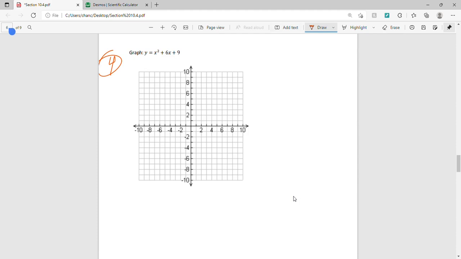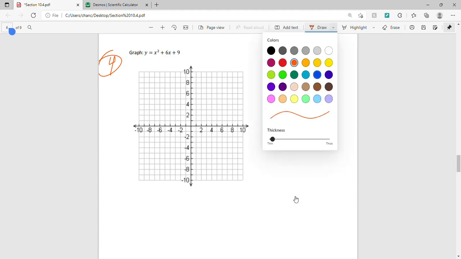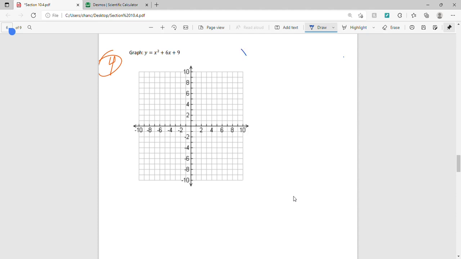Example 4, we'll start by finding the vertex again. Let's let x be equal to negative b divided by 2a. We're finding that vertex. In this case, we have b is 6, so it's negative 6 divided by 2 times 1, which gives us a negative 3.